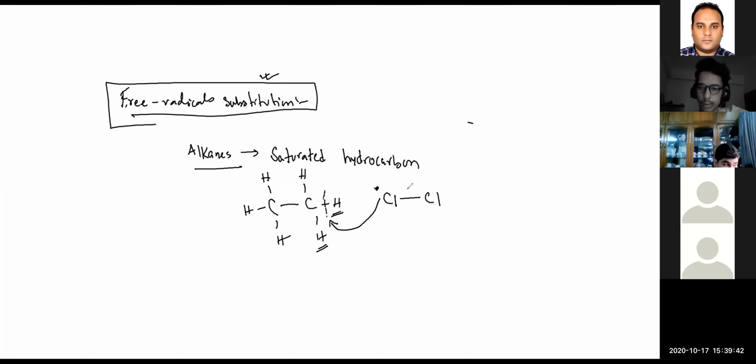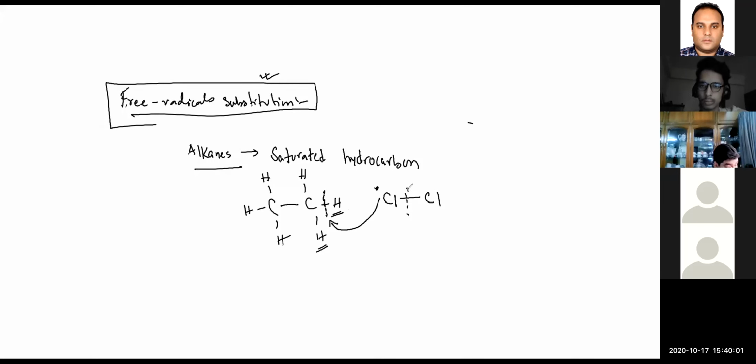So obviously if homolytic fission happens here, homolytic fission will happen here. But actually there won't be fission, there's going to be substitution. We'll study this in more detail next class.